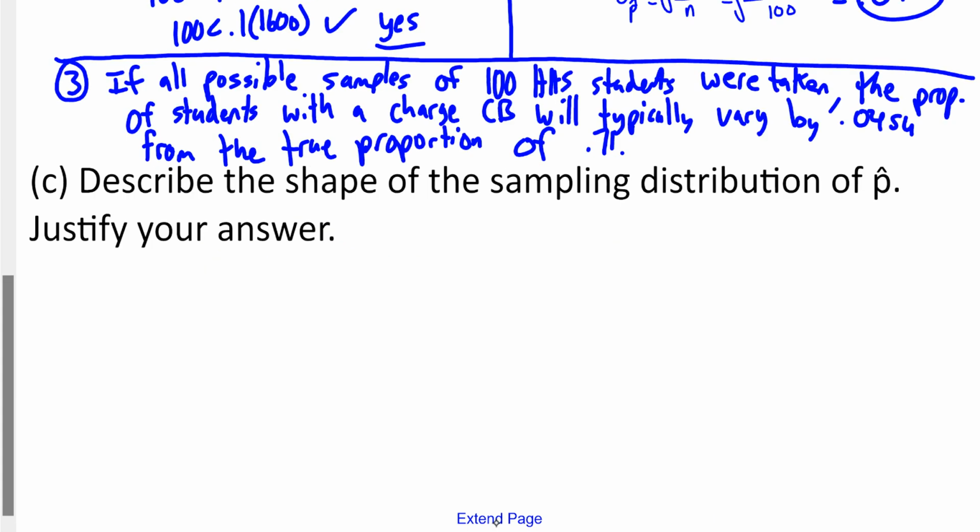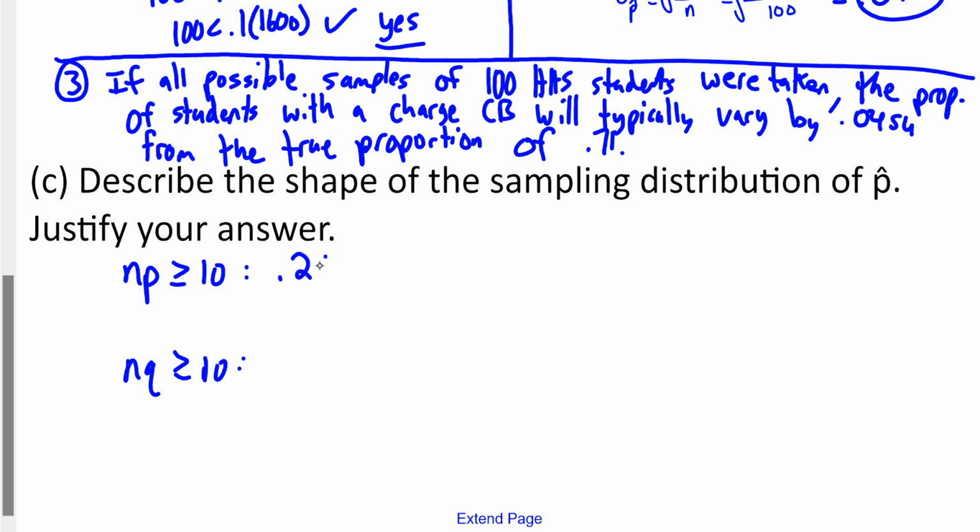Describe the shape of the sampling distribution and justify your answer. So we're going to assume that it's normal, but we have to check. Is n times p greater than or equal to 10? And is n times q greater than or equal to 10? If they are, we can assume normality.